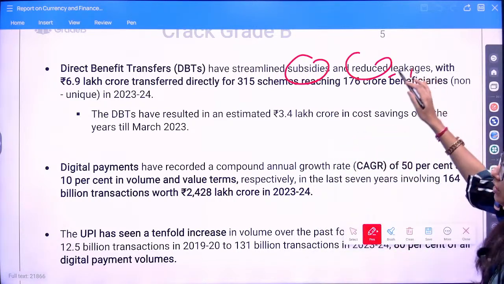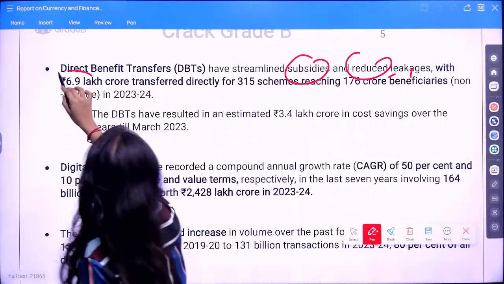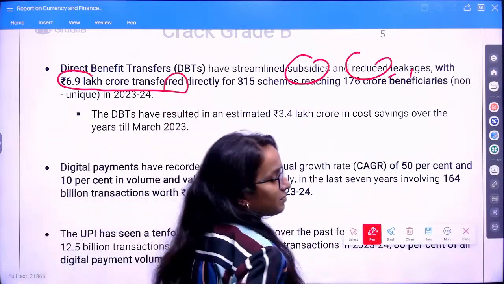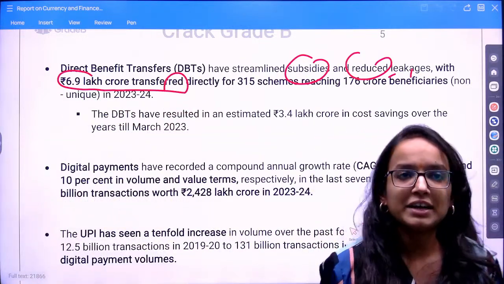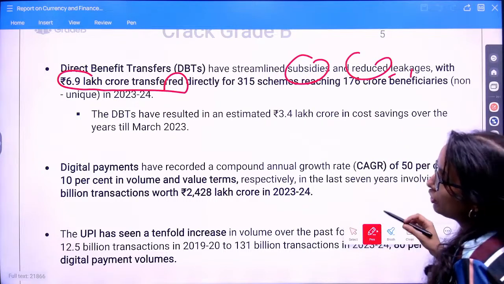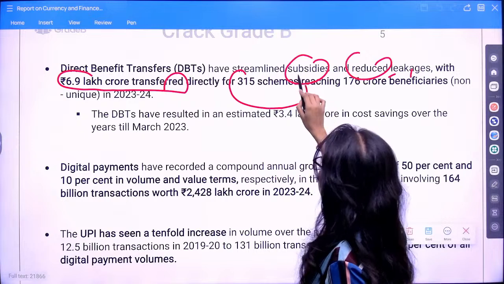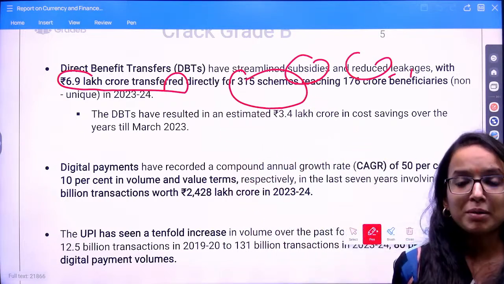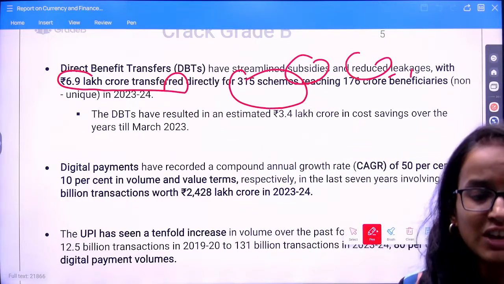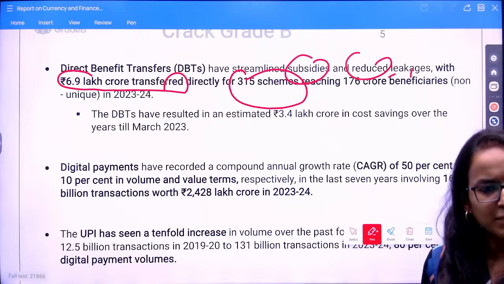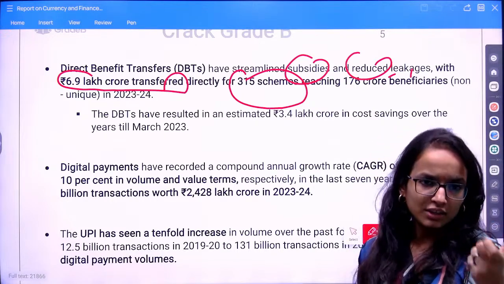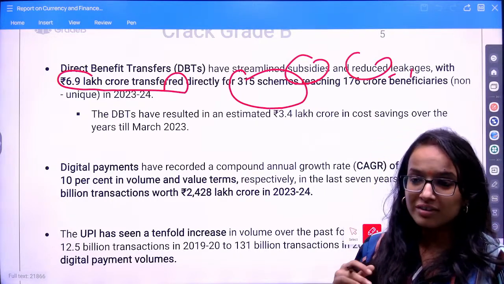No such problems are there, no leakages, right? Under DBT, India has been able to transfer 6.9 lakh crores directly for almost 315 schemes. So remember, this is a great success. We have been able to eliminate the leakages. Earlier you must have heard that the government allocated the money, but it could not reach the beneficiary.